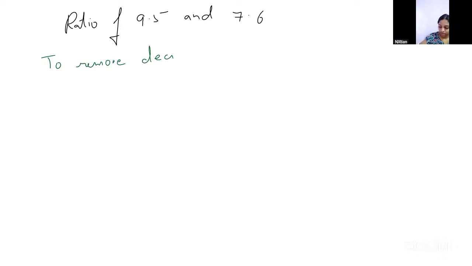I have to find the ratio of 9.5 and 7.6. Okay. First, remove the decimals. To remove decimals, I am going to multiply with 100.